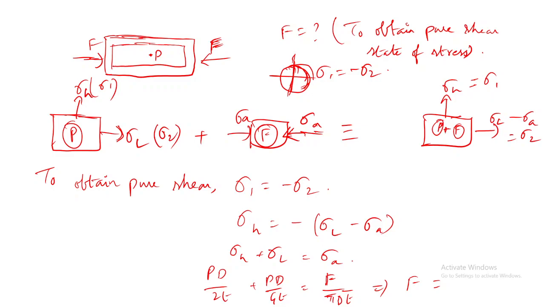Pi p d square into 3 by 4. Correct? Yes, sir.